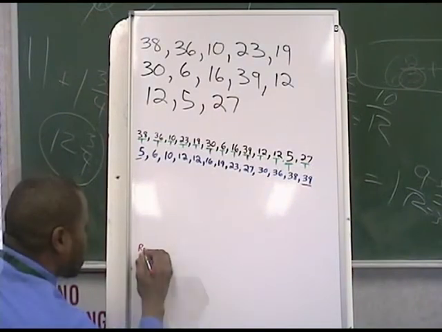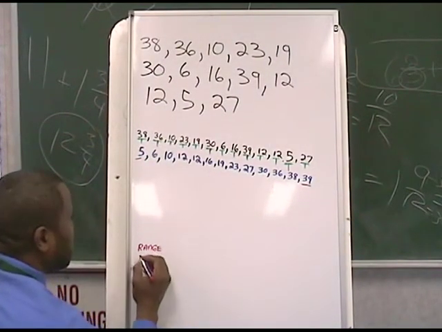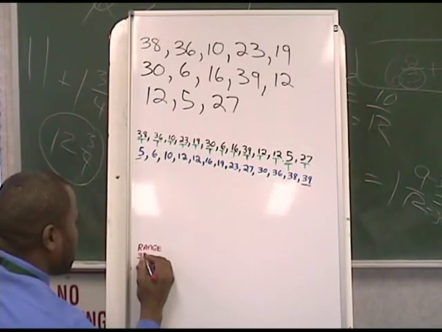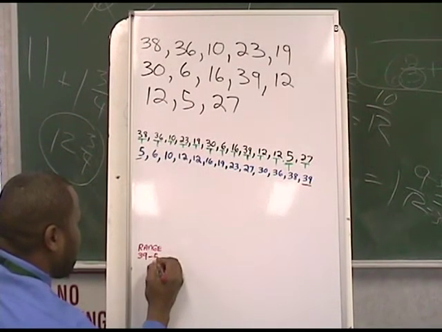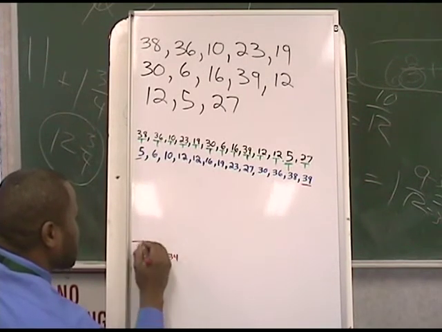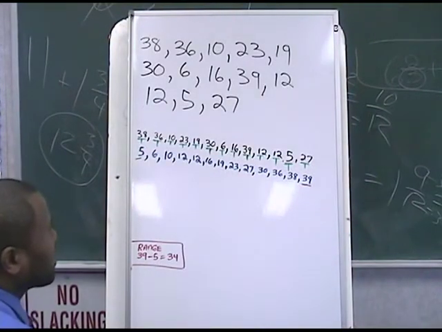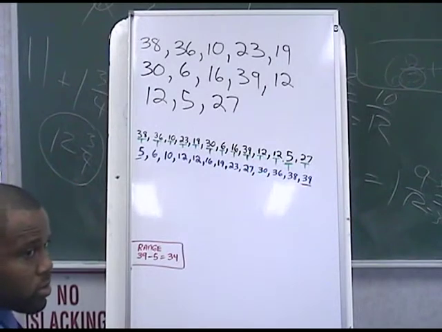So our range is 39 minus 5, which is equal to 34. That's our range.